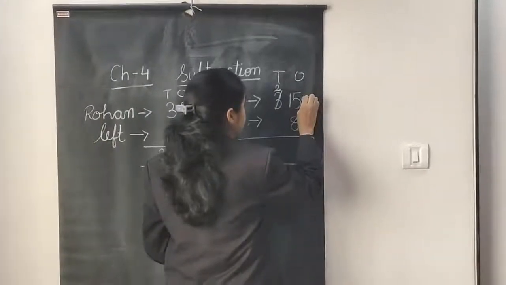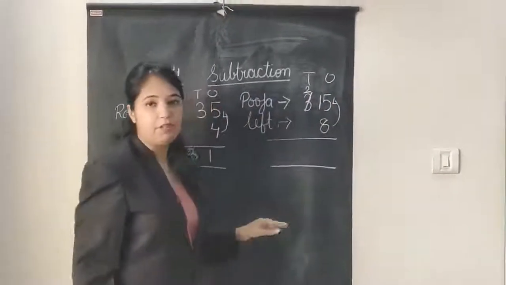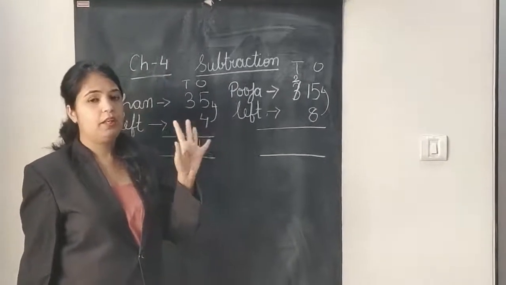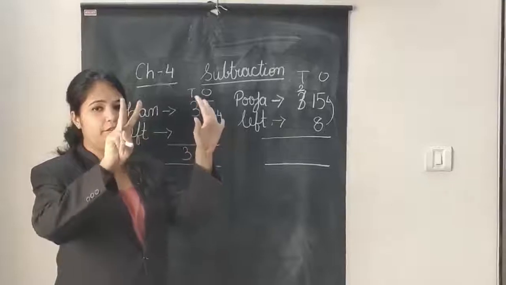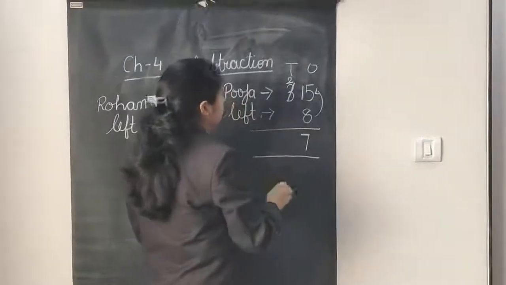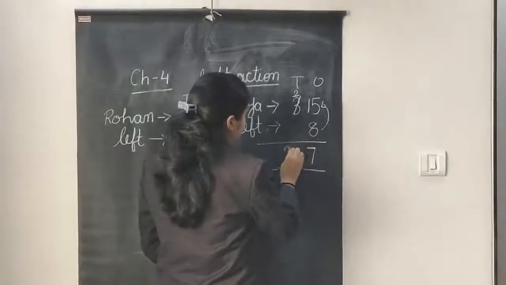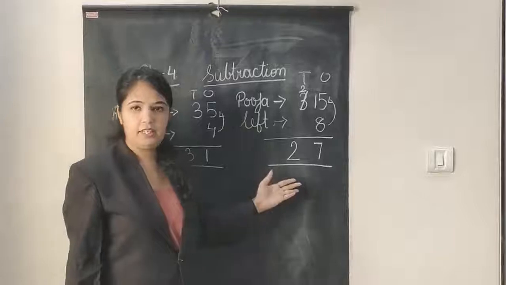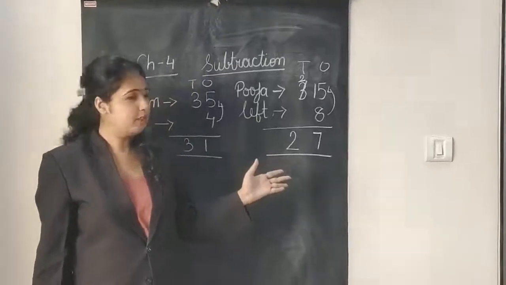After 8 till 15: 9, 10, 11, 12, 13, 14 and 15. Now 7, and we will bring 2 as it is down. So she distributed 27 candies in the class, right?